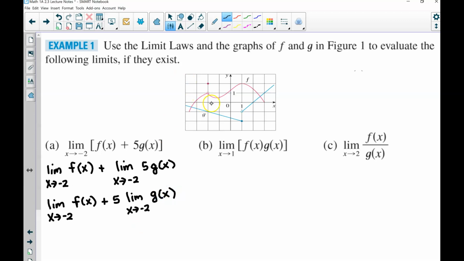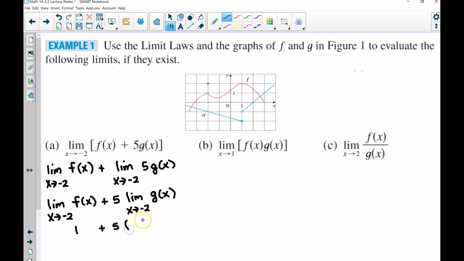Now we come up here to the graph. Let's take a look at where -2 is on the x-axis, and we can see that for the function f, the one in red, as x is approaching -2 from the left and from the right, the limit is going to be 1. Plus 5 is the constant.